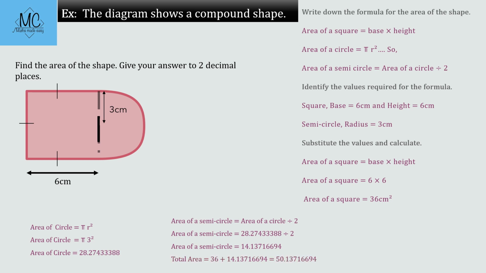And the final answer will be 50.13716694. Always write your answer as it appears on your calculator first, and then you start writing your final answer with the units. Okay, so my final answer will be 50.1 centimeter square.